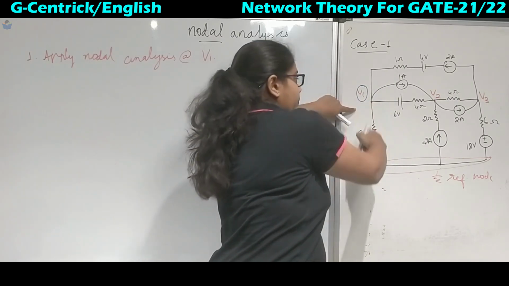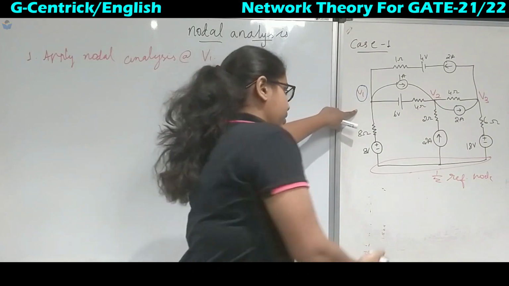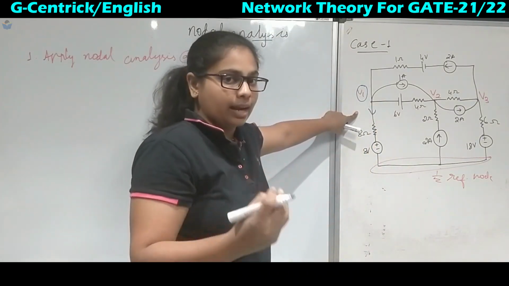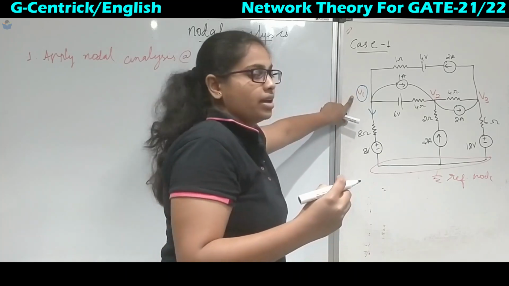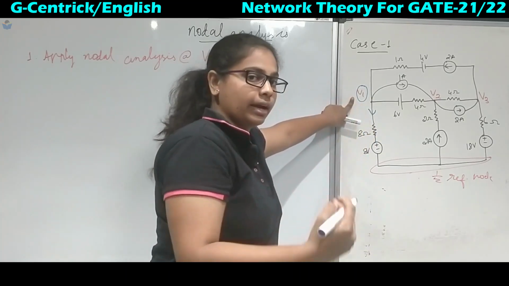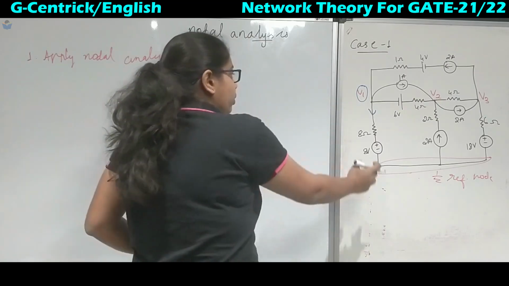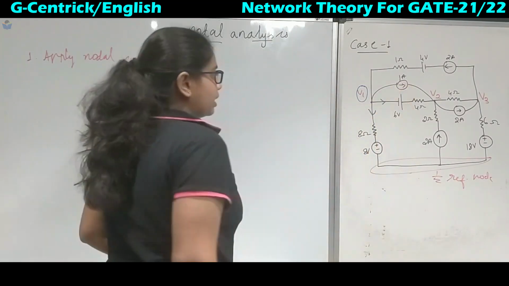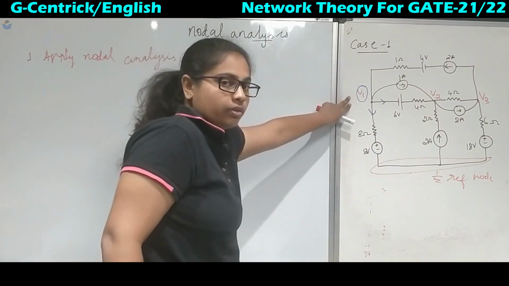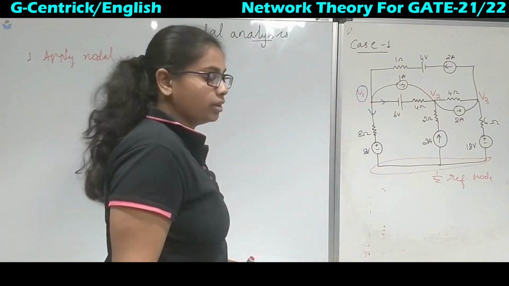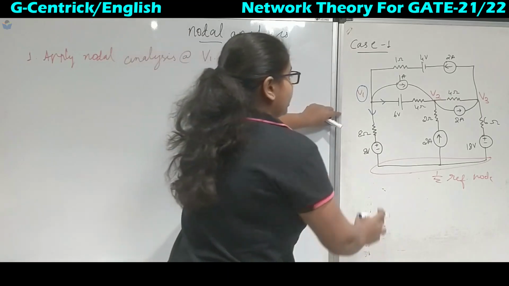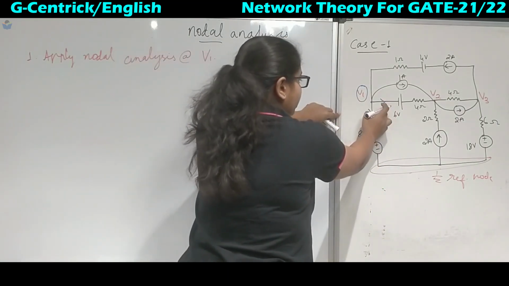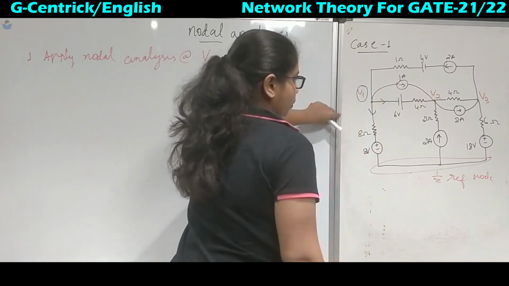To mark the direction of the current, whichever node you are writing first will be at the higher potential, and current will flow from higher to lower potential. Here also, while writing V1, we will assume the direction of the current is in this way, because we assume V1 is at higher potential than V2. So whenever you are considering the node V1, assume V1 is at higher potential.